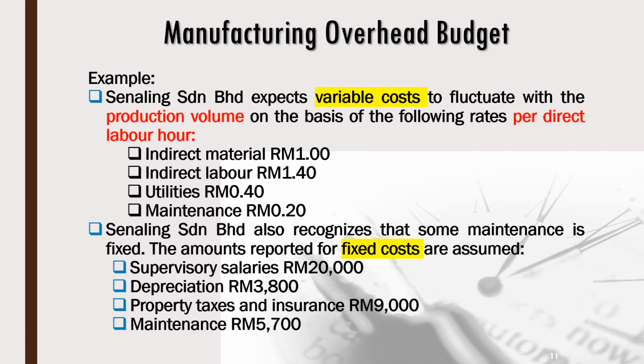Snelling Berhad also recognizes that some maintenance is fixed. The amounts reported for fixed costs are assumed: supervisory salaries, RM20,000, depreciation, RM3,800, property taxes and insurance, RM9,000, and maintenance, RM5,700.